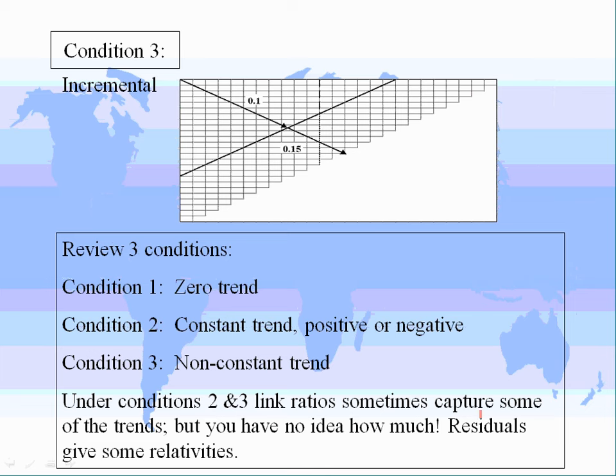Okay, emphasis on the sometimes capture some. But you don't actually have any idea of how much of those trends they're capturing or what they're actually capturing at all. And residuals, so in other words the error terms, the difference between the trends in the data and the trends in the method, only give us some idea of the relativities. They don't actually give us a magnitude.